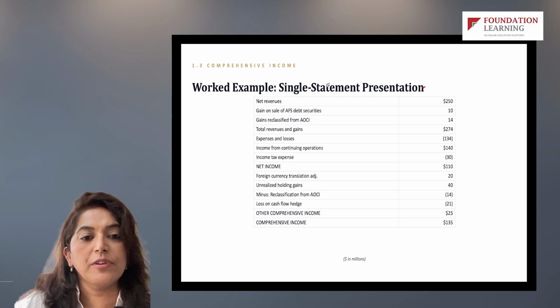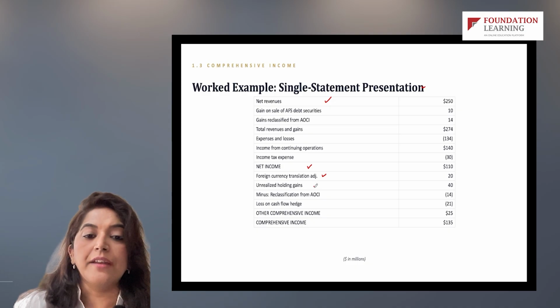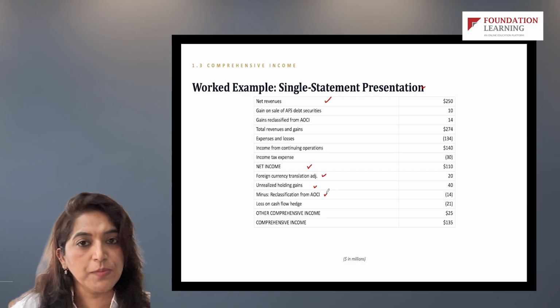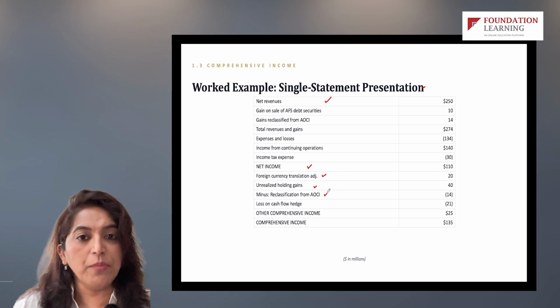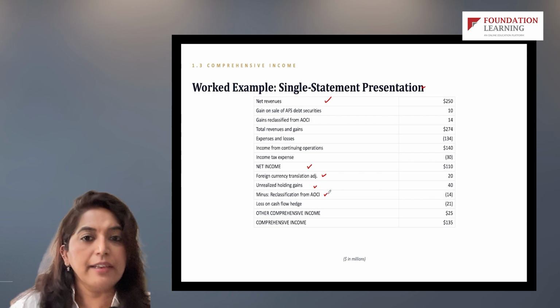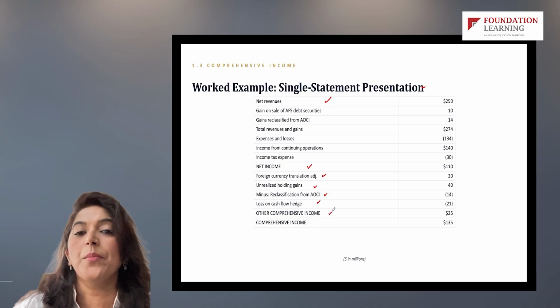We started from revenues. Here we calculated net income and we made the adjustments. Foreign currency translation adjustment, unrealized holding gains, minus reclassification from OCI in case there is any readjustment. Some line item moves from OCI to net income or vice versa, that reclassification we do, and then loss on cash flow hedge, which gives us other comprehensive income.